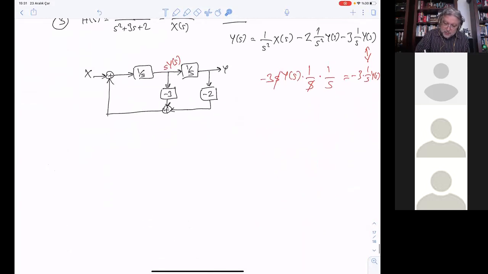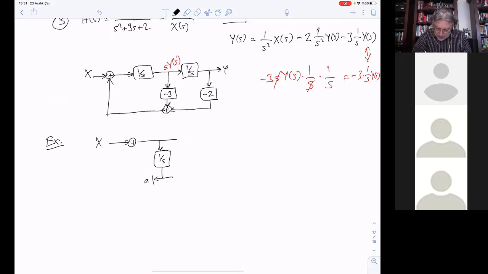But I may put some examples without solutions to give you a hint about what could be asked. For example, there may be an input and there may be some boxes here. Sorry.